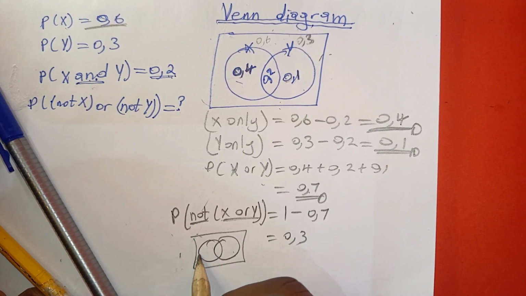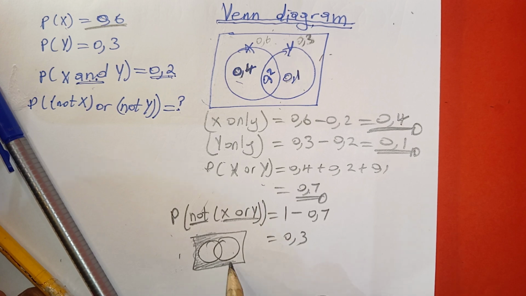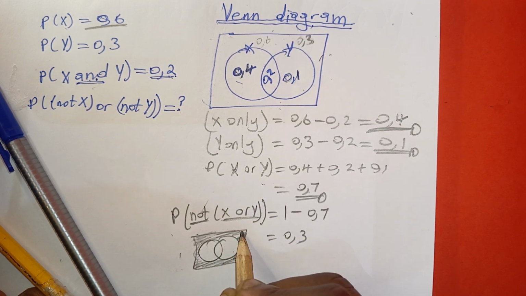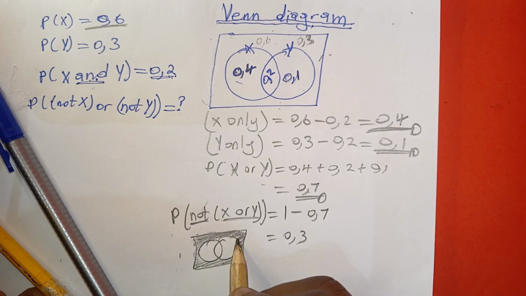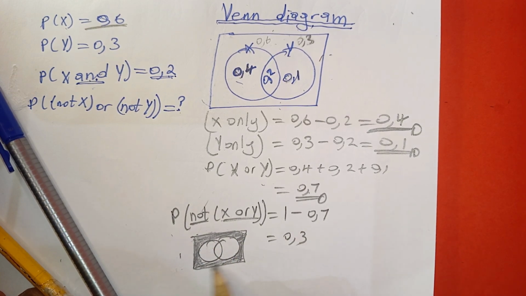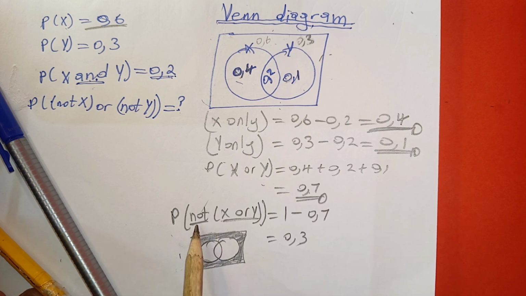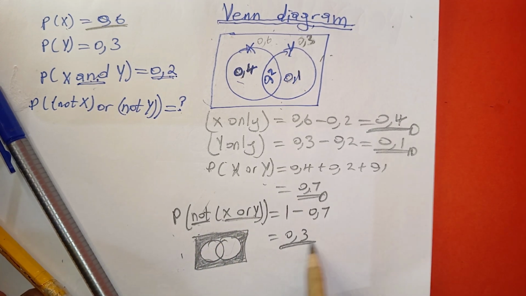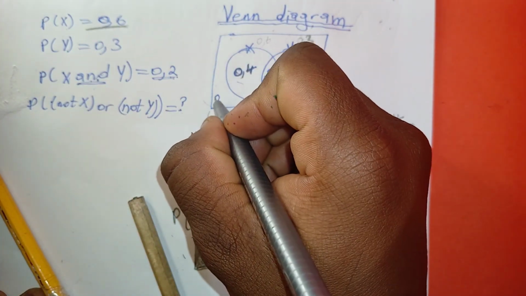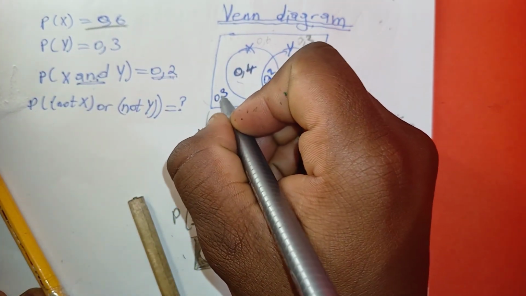I'm referring to what is here. You see what I shade. When I say not, as you can see, guys, the way I shade. So not x or y is what is here, meaning outside we've got 0,3.